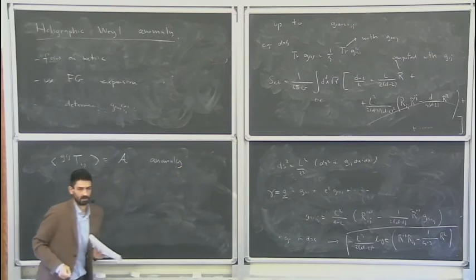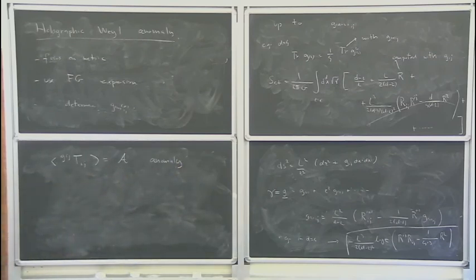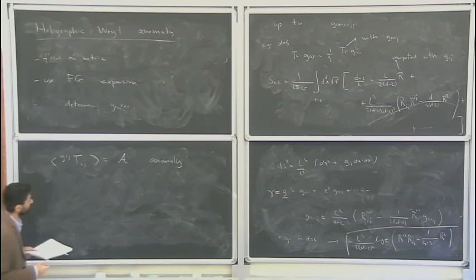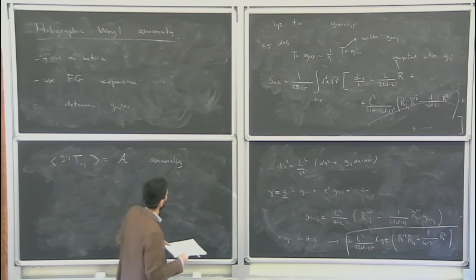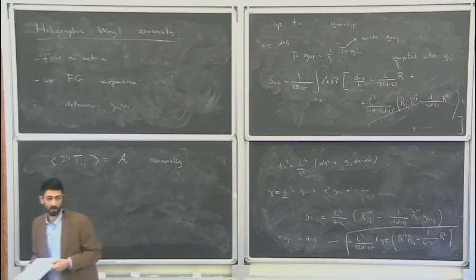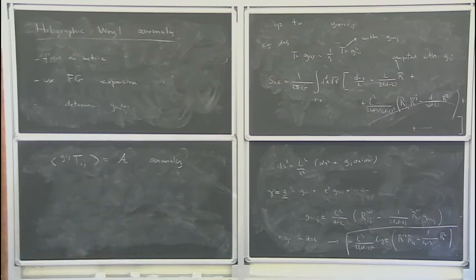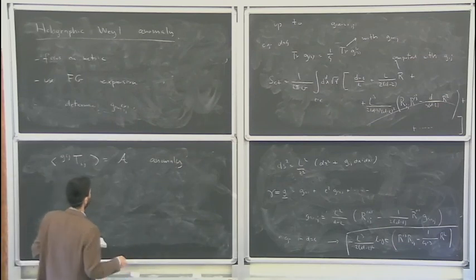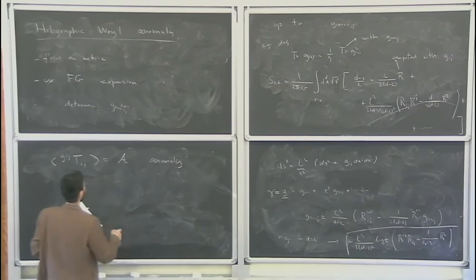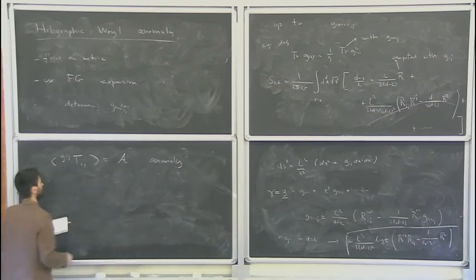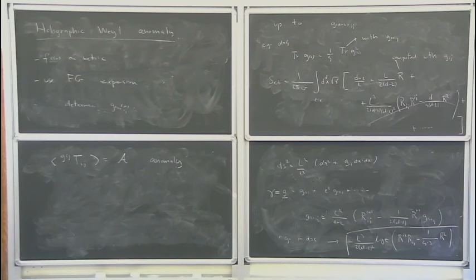Right? So as you have seen in the extensive lecture course of Bilal, an anomaly in a quantum field theory is the breaking of the symmetry by some quantum effect. So here the symmetry is the symmetry under rescaling, under conformal rescaling, and that's broken by quantum effects, and it leads to a non-vanishing trace of the energy momentum tensor.